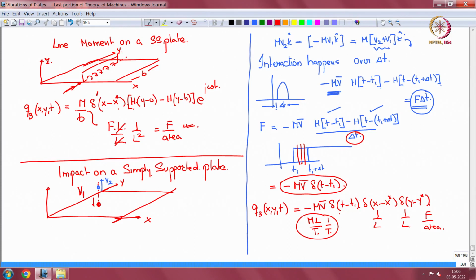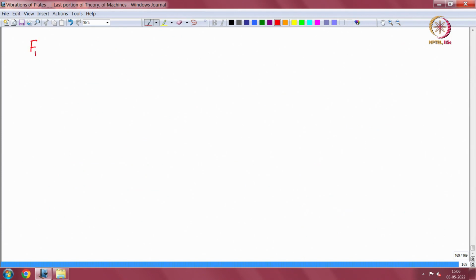Okay. So now if we actually try to find the transient Fmn(t), that looks like minus mv bar, okay, 4 by rho h a b, the delta(t minus T1) sine m pi x star by a sine n pi y star by b, okay, and then we have, so this is Fmn, okay.